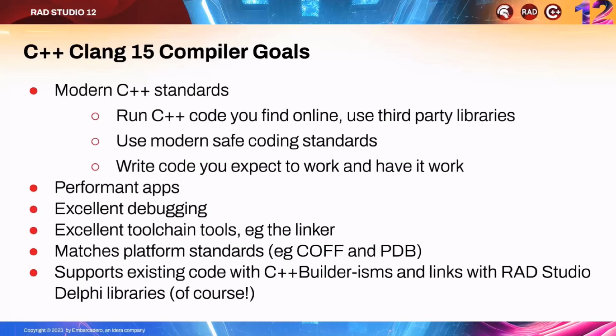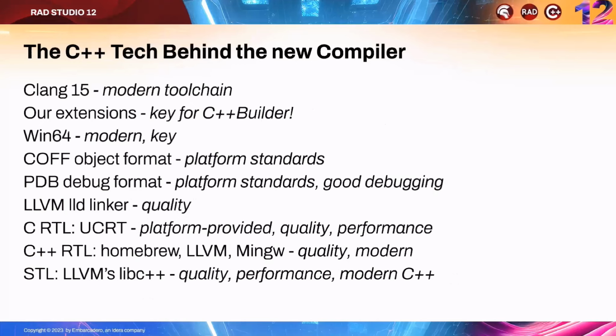We're using a lot of LLVM and related tools, and the toolchain is looking really exciting. It uses the Universal C runtime for the C-level RTL, which is a standard Windows component. It uses a custom C++ runtime, and it uses LLVM's libc++ for the STL, which has great standards conformance.